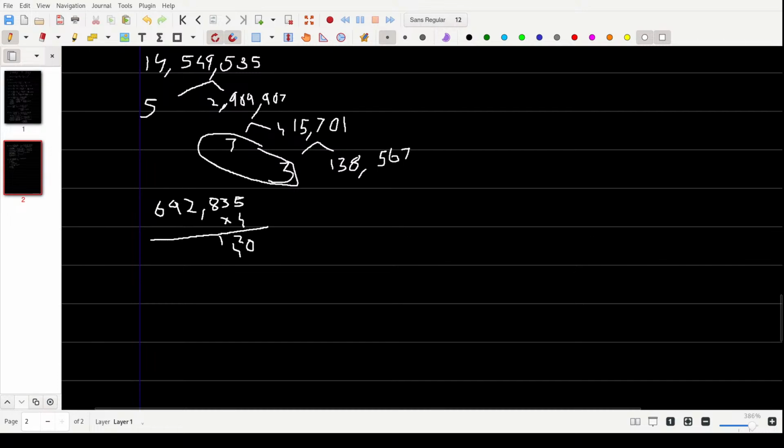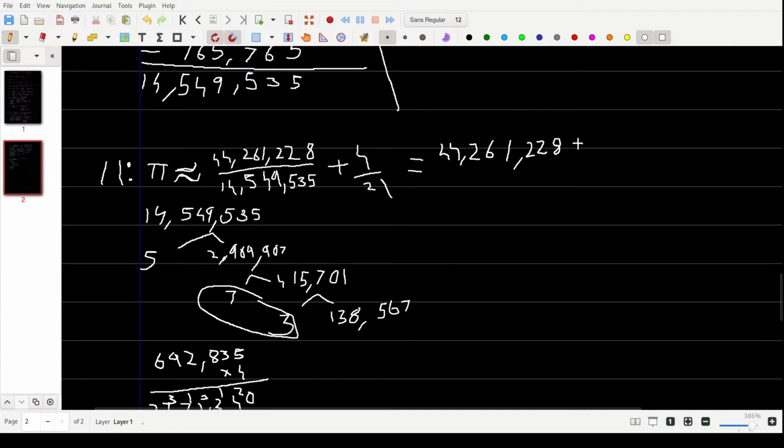That's 32, 3 carry 3. That's 8, 1 carry 1. That's 36, so 7 carry 3. And that's 24, so 7 carry 2. And then that's just it. That's it. That's the number.